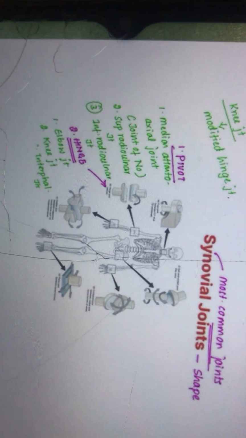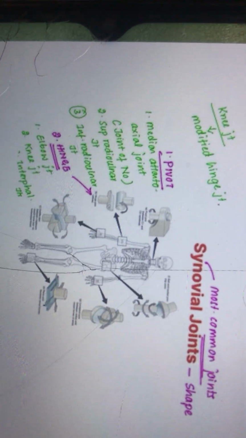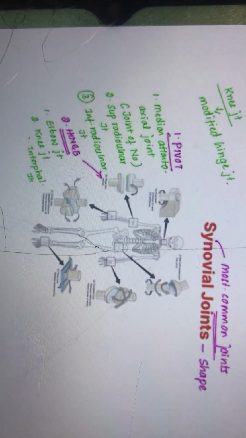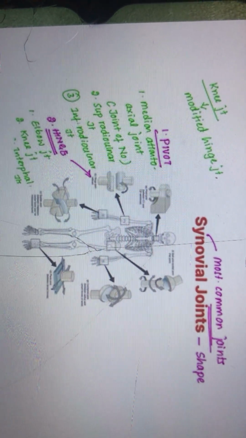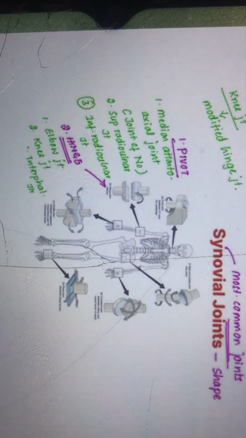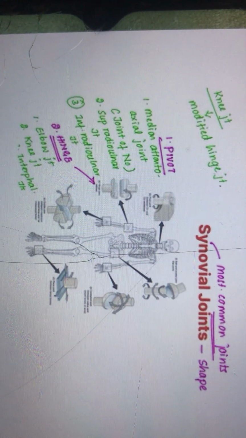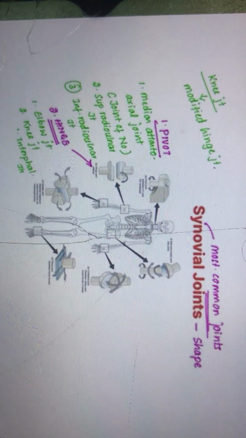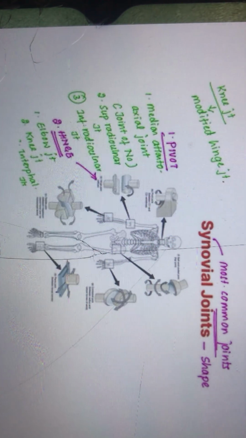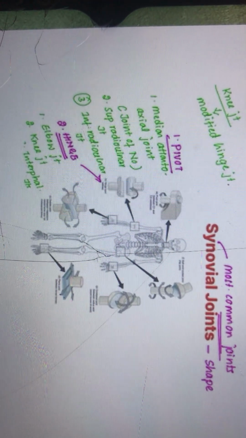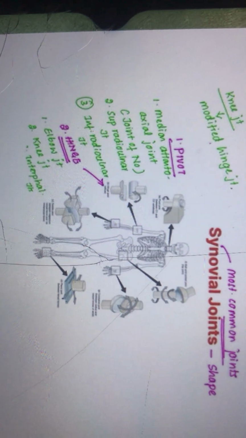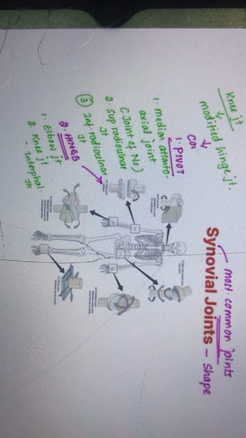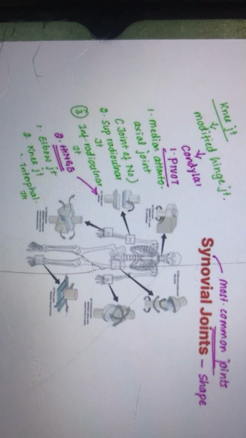Why? Because usually at hinge joints, only two movements can occur. What are they? Either flexion or extension. Whereas at knee joint, even slight degree of internal and external rotation occurs. So if a hinge joint allows for rotation movements to occur, you call it as modified hinge joint, or in other terms, you refer this to as the condylar joint.